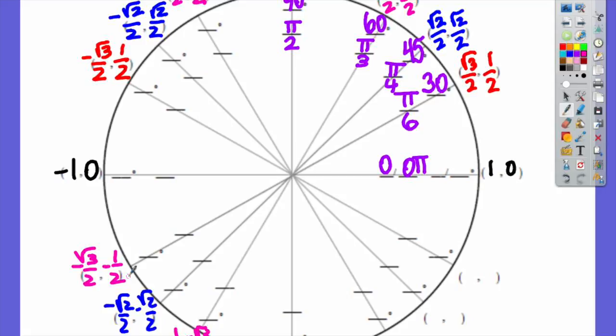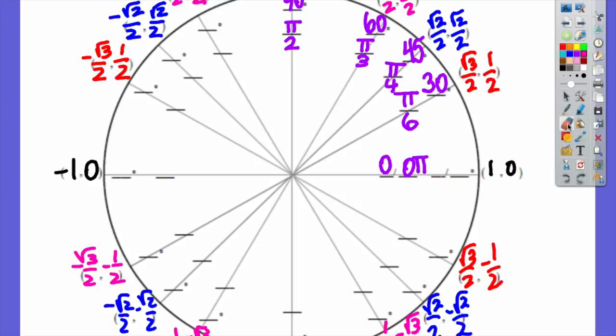Y is negative, x is positive. What's this one? 1/2. Half, and then square root over 2. The one in the middle? The ones in the middle are always that. Okay? And this one up here? Square root of 3 over 2.